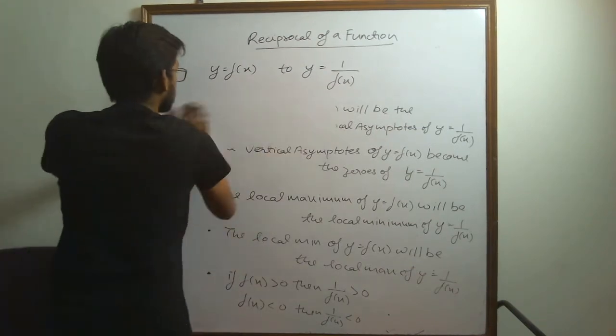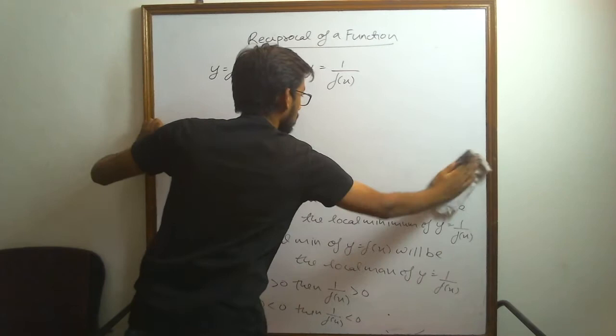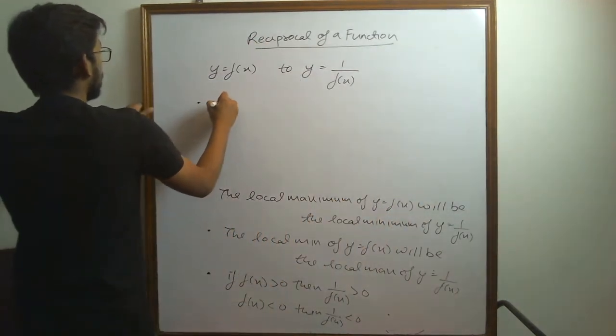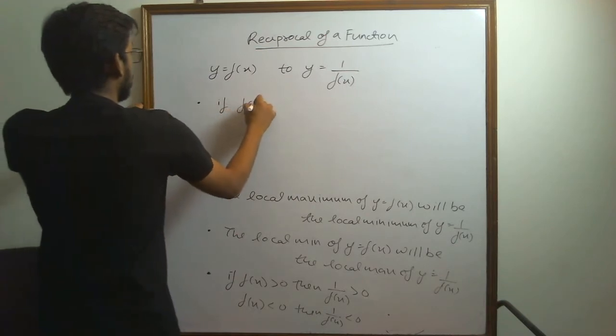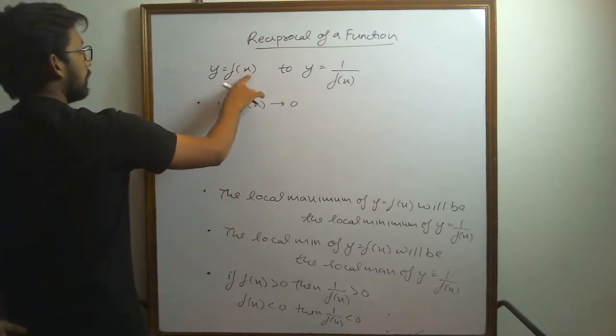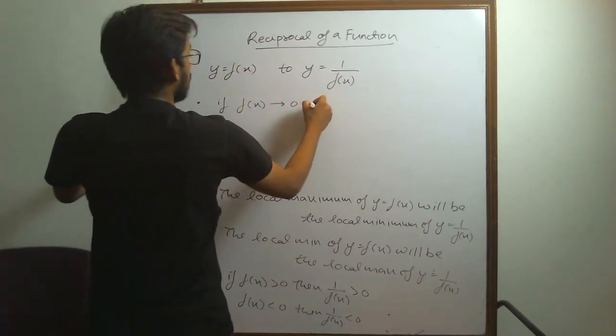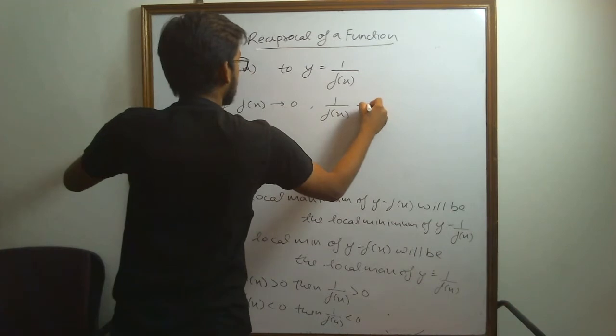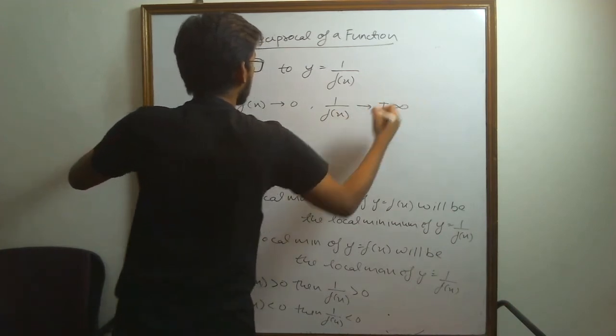Sixth point is, where f of x tends to 0, 1 upon f of x will tend to plus minus infinity.